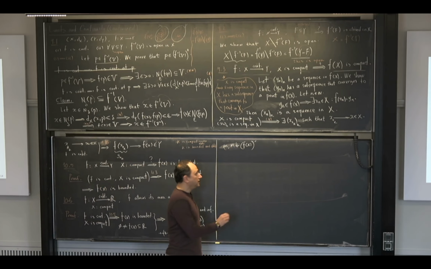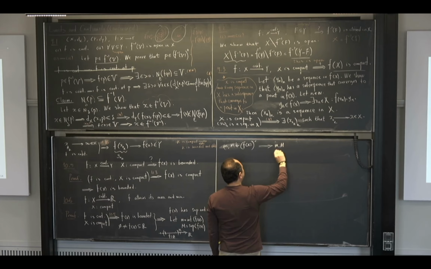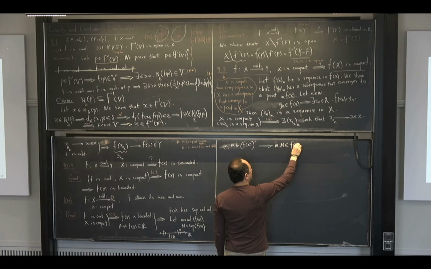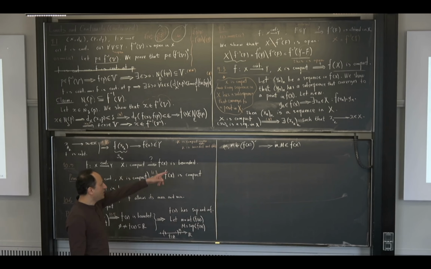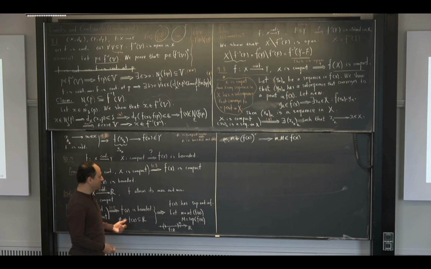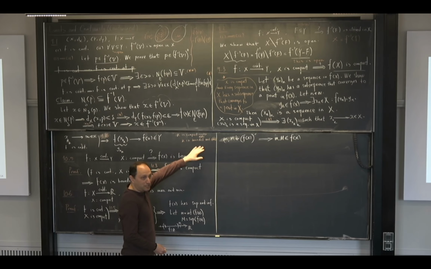But now I want to say something more, and I want to wait for you. Hopefully your memory starts working by the last minute of today. Why can I conclude that? Because it's closed. Very good. Your memory is coming back now. f(X) is compact, and when it is compact, it is closed and bounded.